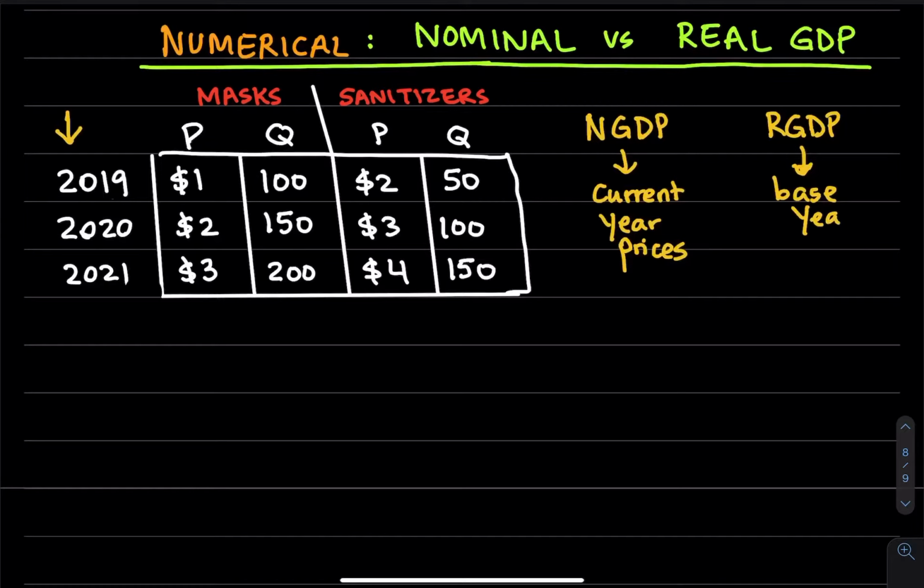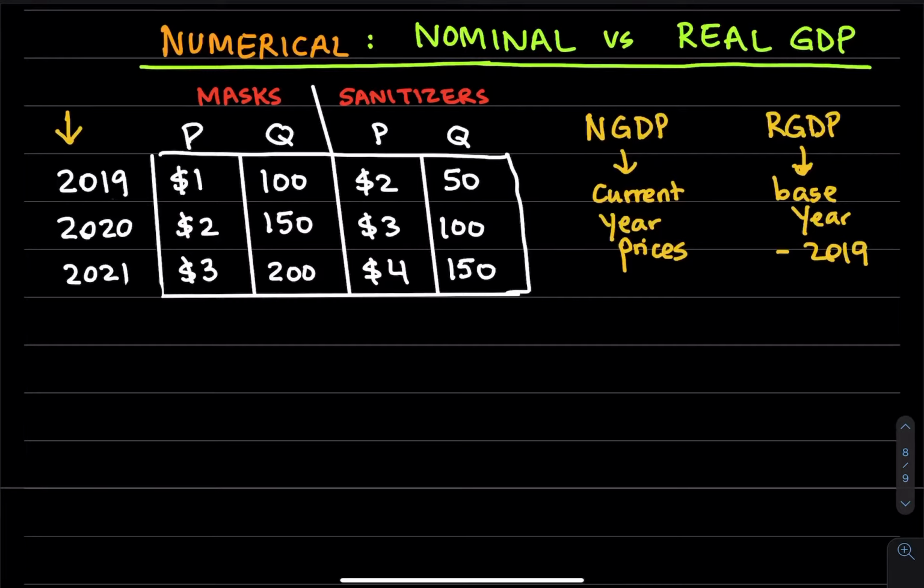And typically this base year is given to you in any question, and we're going to assume for our question that the base year is 2019. Okay, this can be anything else. It can be 2020 or 2021.